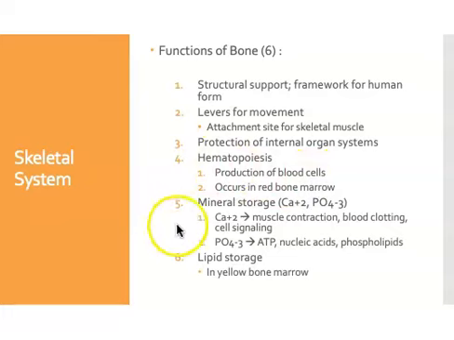Bones are a place where various minerals are stored in the body. We often think about calcium in connection with bones. Phosphate is another important compound that is stored in bones. Calcium is involved in all kinds of things in the body. Muscle contraction is one, blood clotting, and even cell-to-cell communication, or what we call cell signaling.